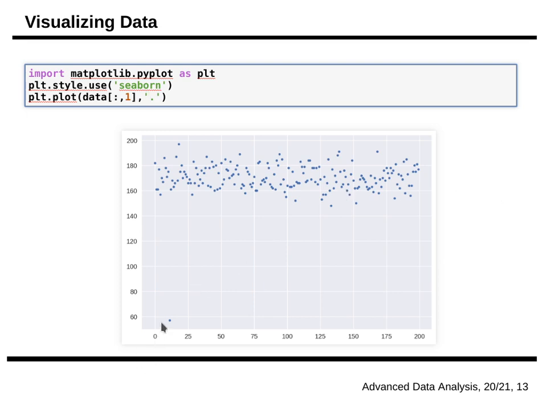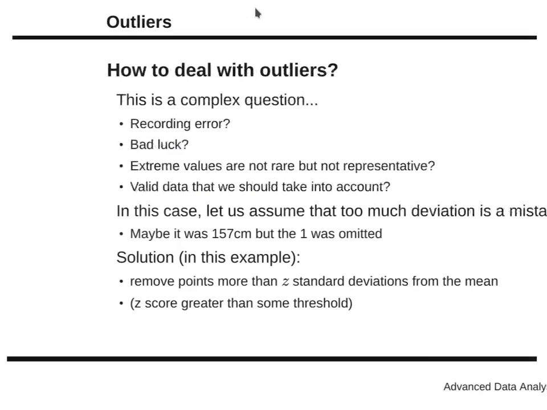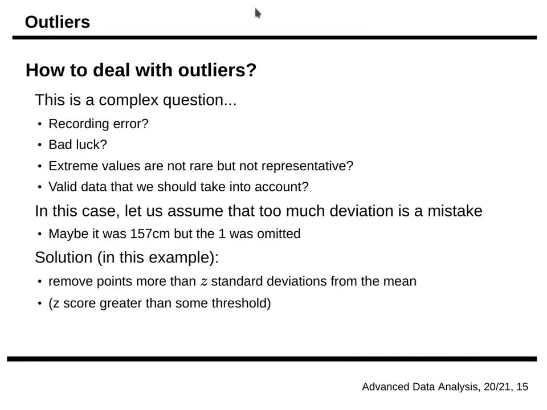Now we have this problem here, which is that apparently there is someone who is 57 centimeters tall. This is a bit strange, and it's clearly an outlier. And now the question is, what do we do with this point here? This is not a trivial question to answer because outliers can be many different things.